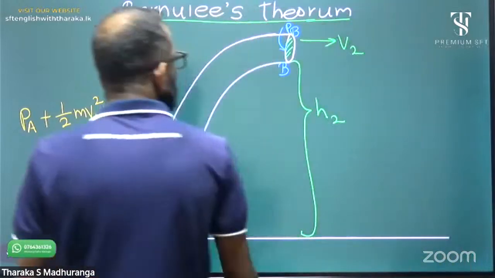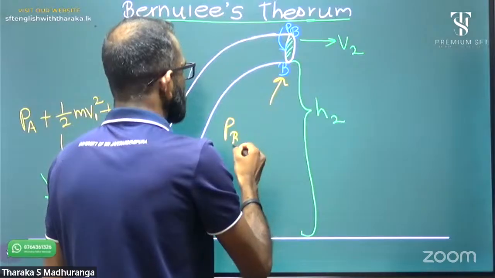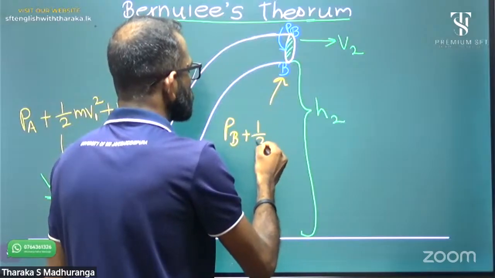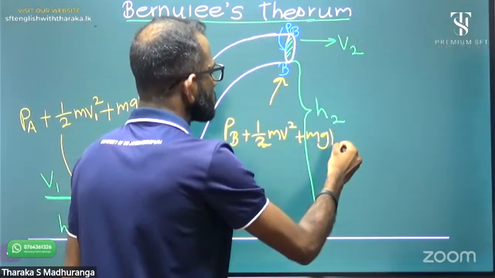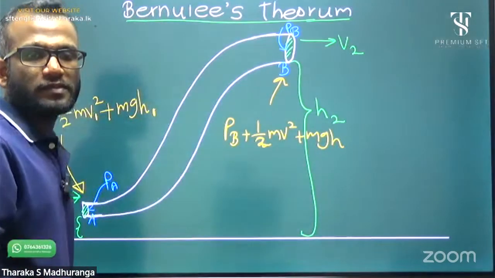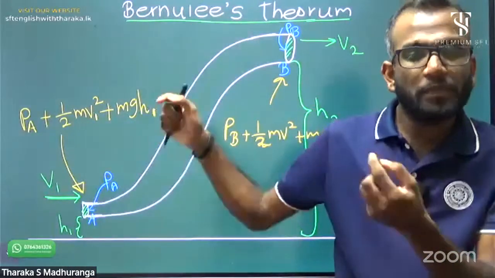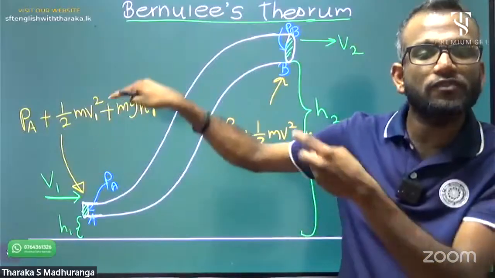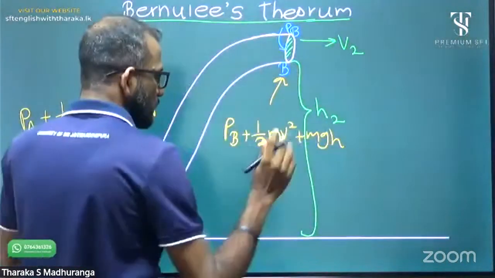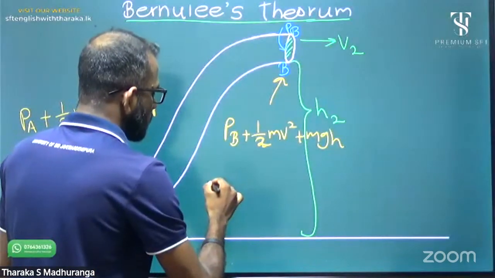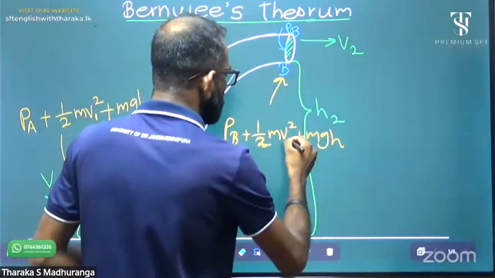That means PB plus half mv squared plus mgh is a constant. A constant means they are the same: the values at the A point and the B point are the same, with V2 and H2.